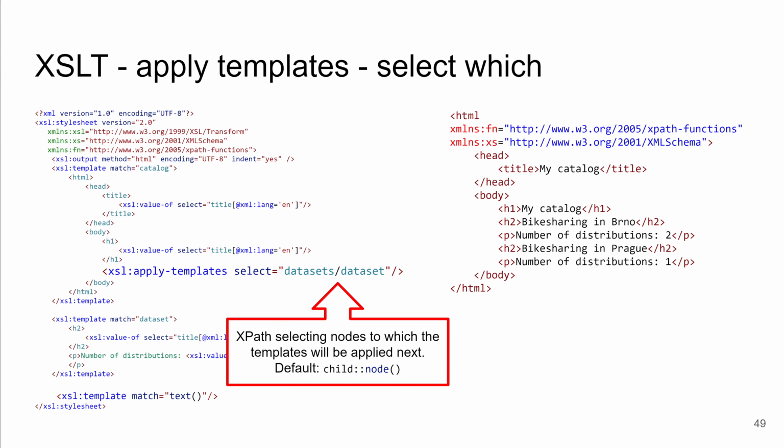So by default, it goes to all children nodes of the current element or the current node set. But we may also be more specific, and since we know that there is nothing to process in the datasets element, we may direct the XSLT transformations directly to the dataset elements like this.